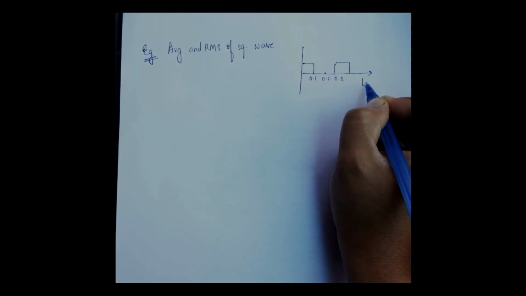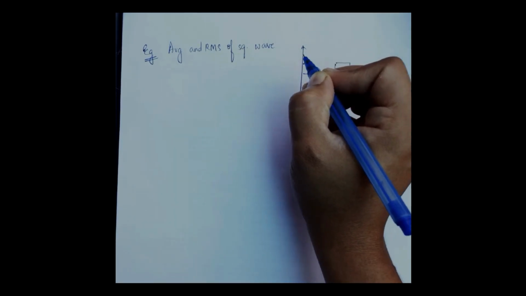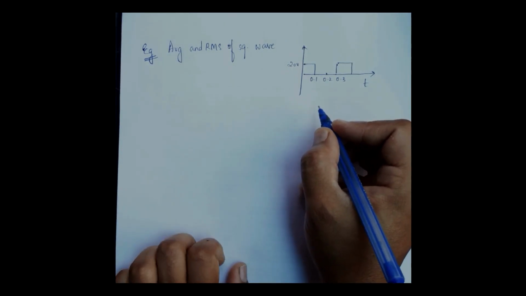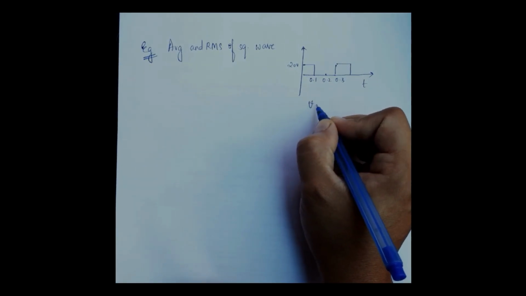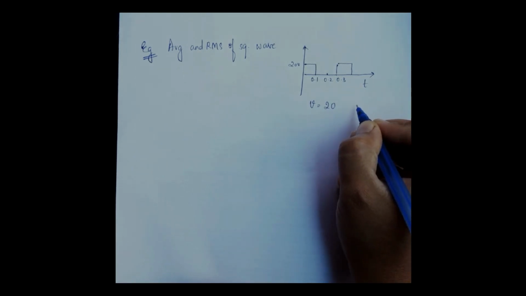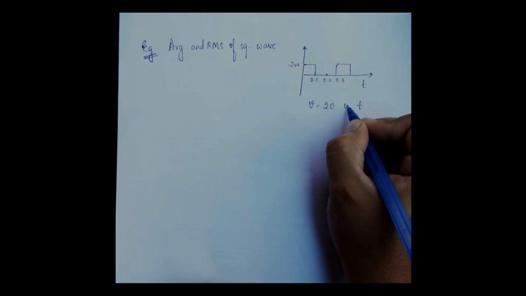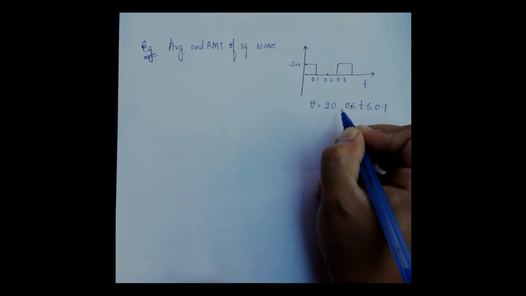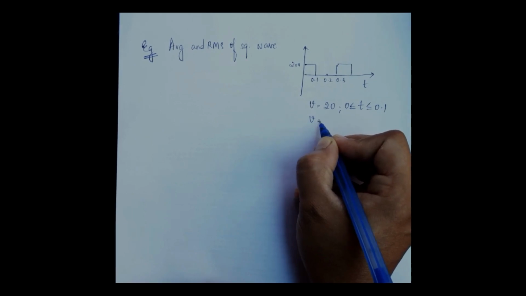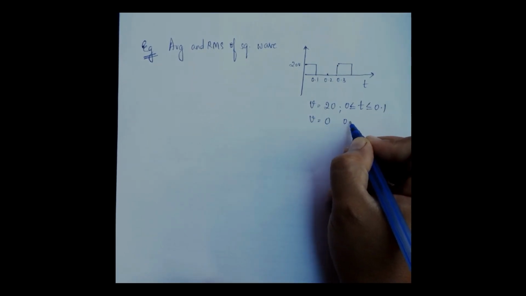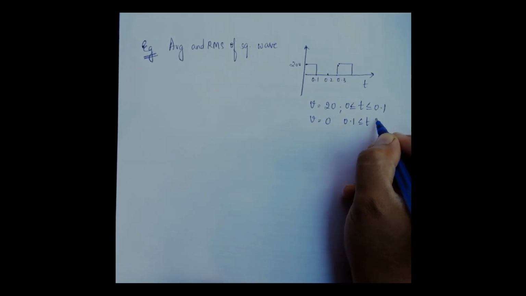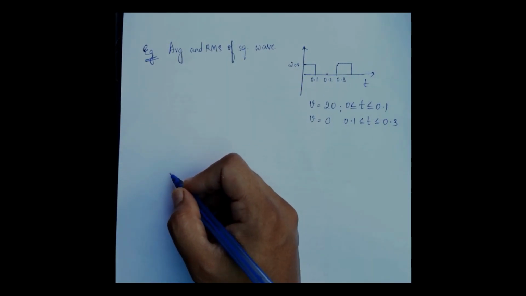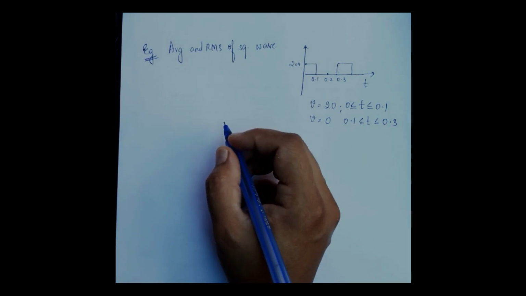So for this wave, the time period will be 0.3, and the wave equation we can write it as V equal to 20 for time between 0 to 0.1. And V equal to 0 for time between 0.1 to 0.3. The time period will be 0.3. This is the cycle in which it repeats.